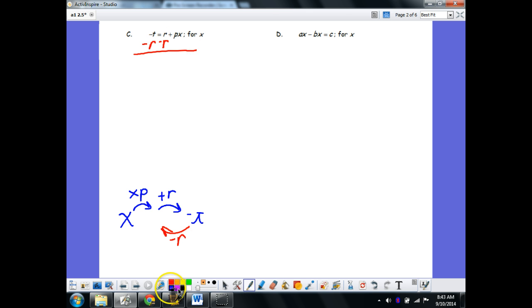Once again, t and r are not like terms, so we need to write them separately: negative t minus r is equal to px. Then to undo multiplying by p, we're going to divide by p.